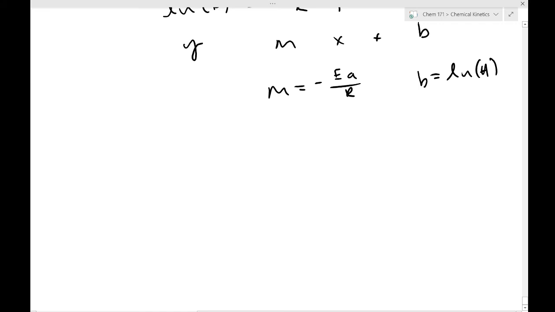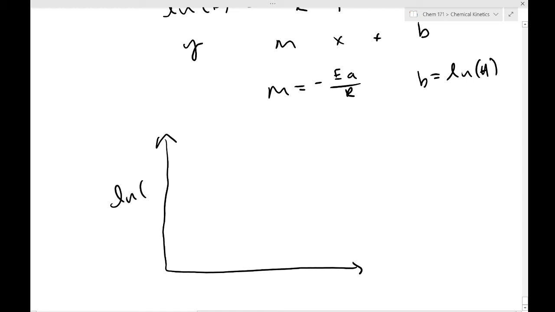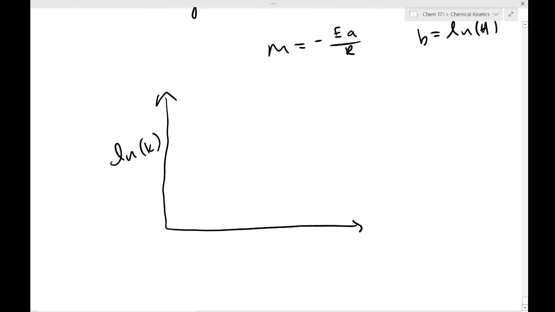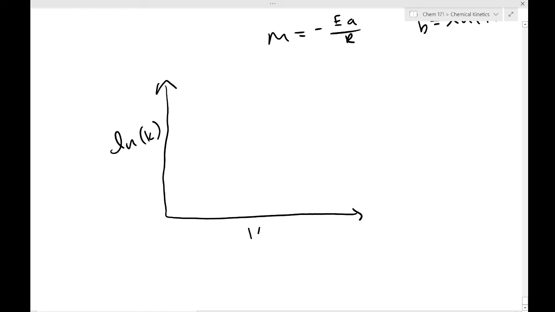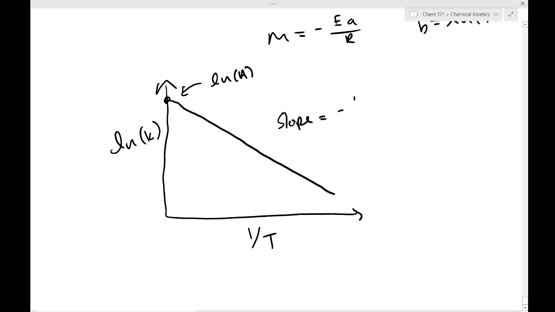If we plot the natural log of the rate constant versus 1 over T, we get a straight line, where we start at the natural log of A, and the slope is equal to negative EA over R. So now we figured out a way to measure this.